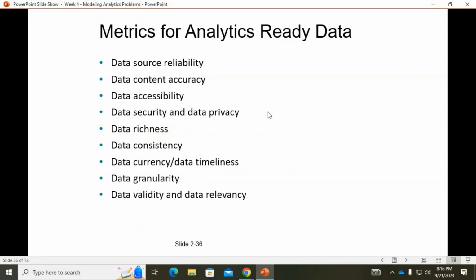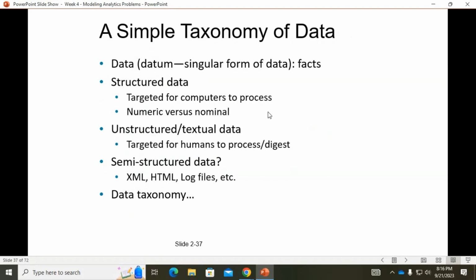Okay, we've kind of already touched on this a little bit, but you really want to make sure that your data is clean before you do your analysis. So it's less important as to what we're doing today.